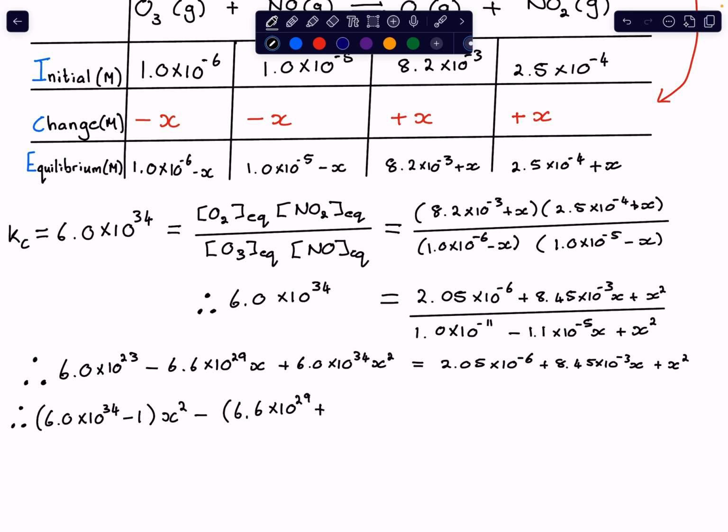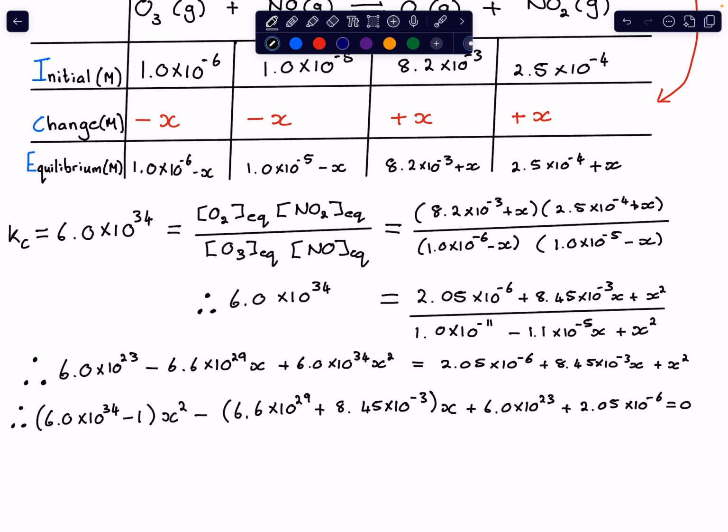That will then become a plus 8.45 times 10 to the minus 3x. And the last one, which is also kind of a joke, is then plus 6.0 times 10 to the power 23 plus 2.05 times 10 to the power minus 6 is equal to 0.